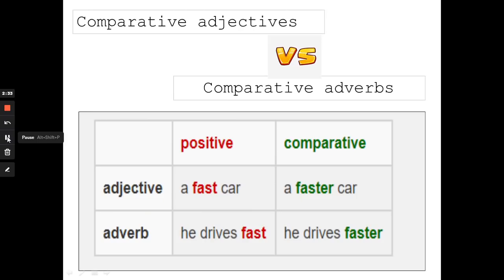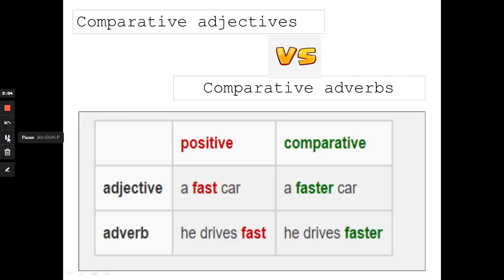Here are the differences between comparative adjectives and comparative adverbs so that you do not get confused between these two comparative sentences. For example, if your adjective is fast, for example here I have a fast car, then for a comparative adjective sentence, you are going to have a faster car, right?